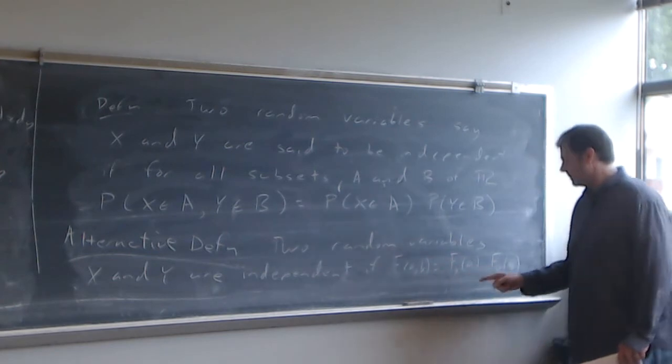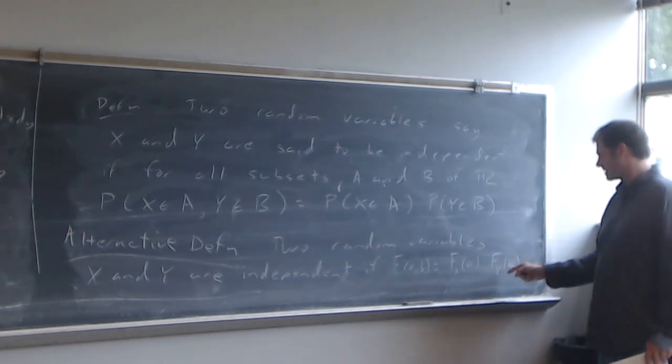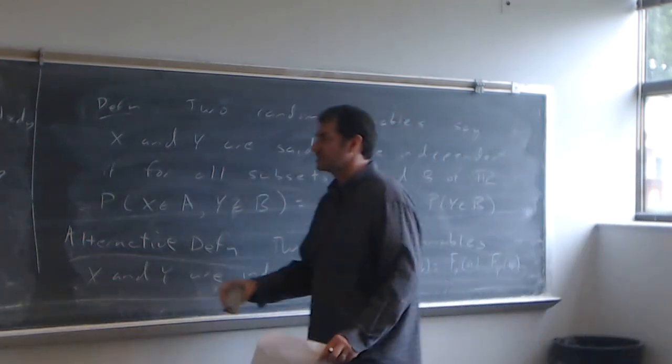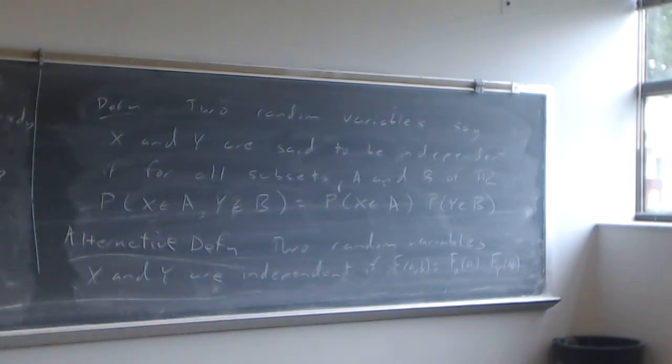So F of a, b is equal to F sub x of a times F sub y of b. That's the alternative definition. Using those two definitions, we're going to prove the following if and only if fact.